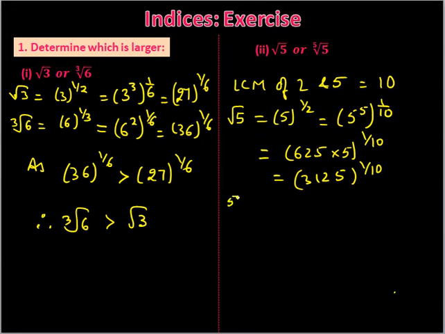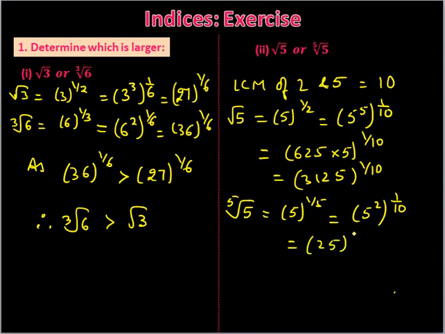Now moving on to the fifth root of 5, which can be written as 5 with an exponent 1 by 5. Now convert this into 10th root of the number which will be obtained here. Now for that we can multiply the exponent with 2 and divide it by 2. So we get 10th root of 25 here.